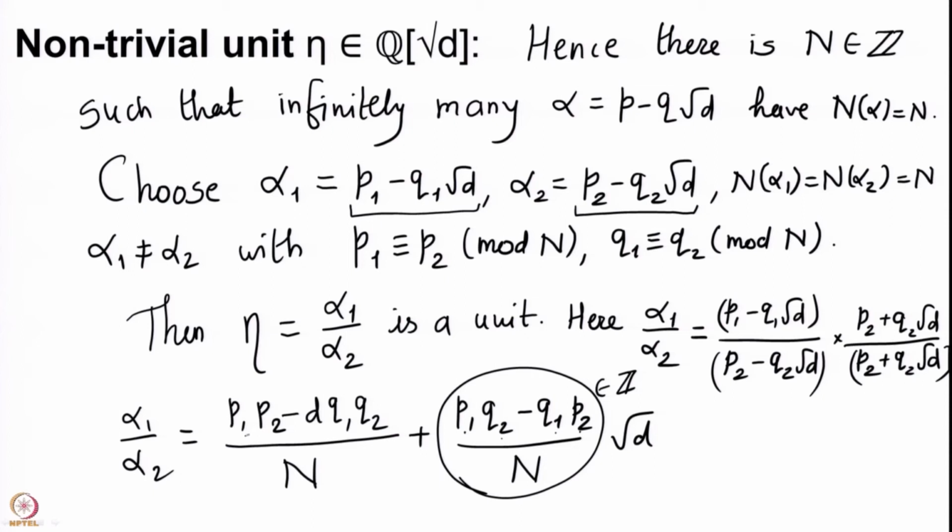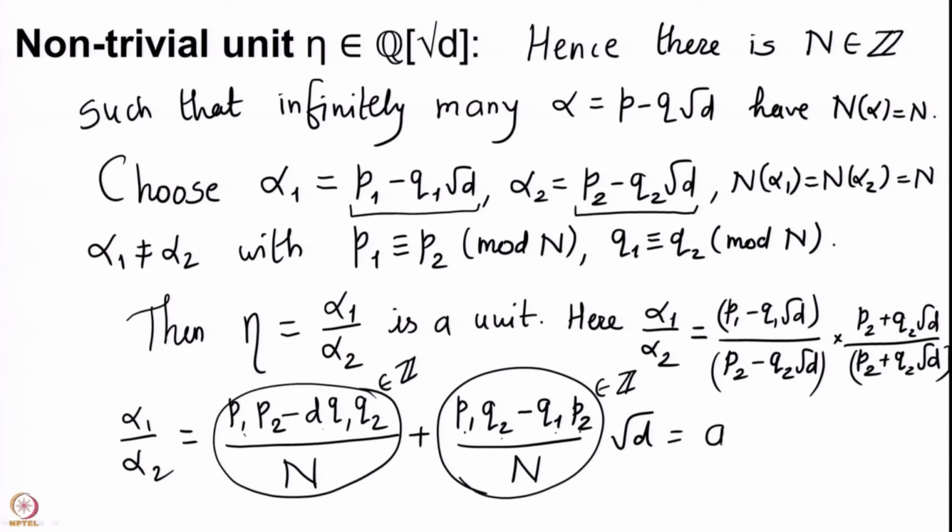Similarly, P1 P2 minus d Q1 Q2 modulo N is the same as P1 square minus d Q1 square, but P1 square minus d Q1 square is the norm of alpha 1, which is N. Therefore, the numerator is equal to 0 modulo N. So, it is divisible by N. So, we have that this member is also in Z.